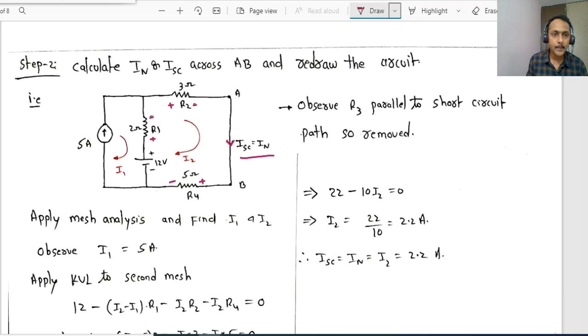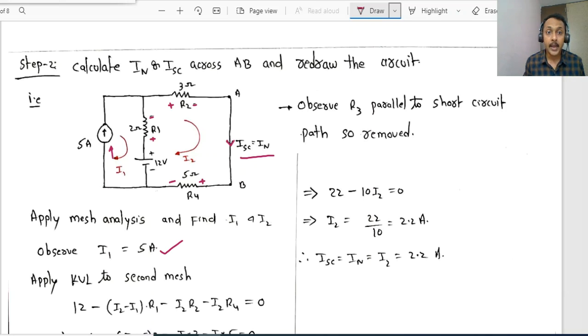This I1 is flowing like this, in the clockwise direction we have taken. So indirectly I1 is equal to 5 amps. No need to apply KVL for this mesh, because we got one variable, 5 amps. I1 is now solved.